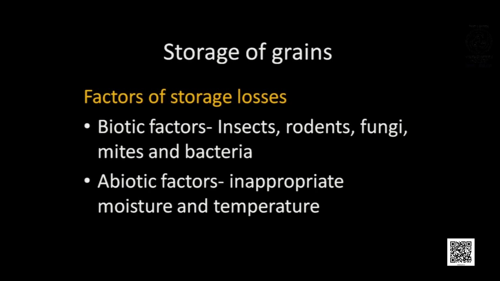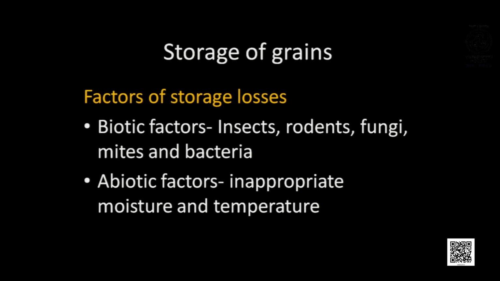Now, storage of grains. As we know, every year a large quantity of grains are lost due to various factors, mainly biotic factors and abiotic factors. Biotic factors include insects, rodents, fungi, mites, and bacteria.